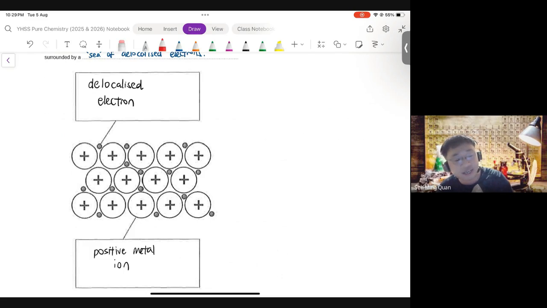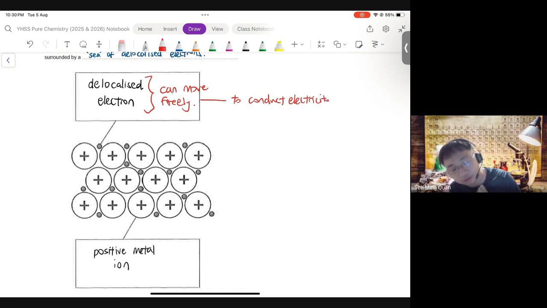And the key thing here is that the delocalized electrons can move freely. And this freedom of movement of the delocalized electrons is what allows it to conduct electricity in all states. So for metals, they can conduct electricity in the solid state as well.